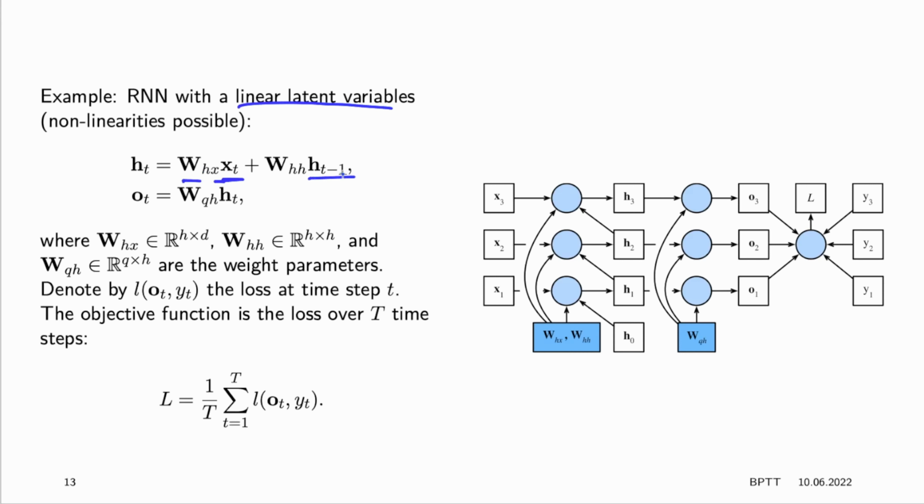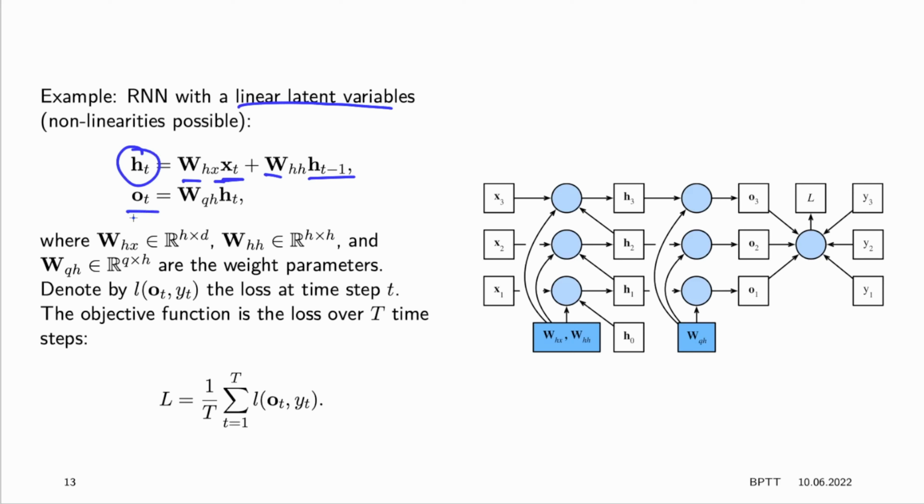It's recurrent, so we also take the hidden variable at the last time step, t-1, and multiply it linearly with a weight matrix W_hh. We sum these two linear expressions up, and this yields our current hidden variable h_t. Given h_t, we can compute the output at time t as the product of a weight matrix W_qh with this current hidden variable h_t.